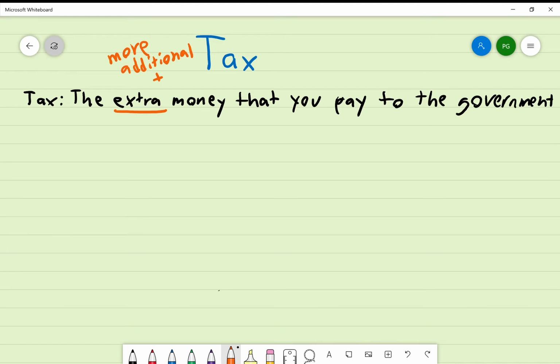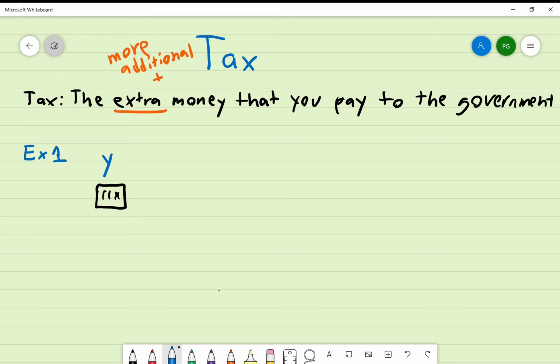So, if I want to calculate, let's say, I have an example, okay? So let's say this is example 1. Let's say I'm buying a book, all right? Now, the book costs, let's call it Y dollars, yeah?